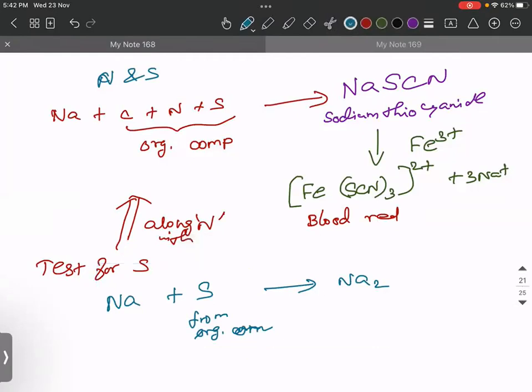So it will form sulfide, only sodium sulfide it will form.